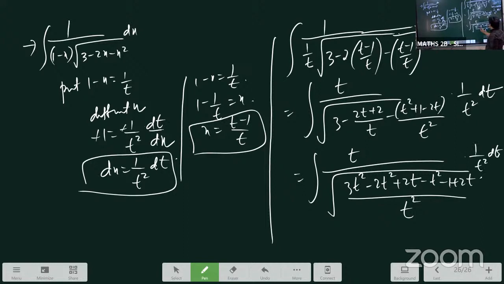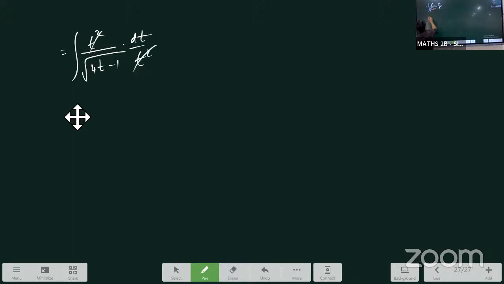Now 3t square minus 2t square minus t square, 3t square minus 3t square gets cancelled. Now what I will get again, 4t minus 1, this t square comes outside the root and it comes to numerator. Same approach again, only minus is the difference. Is it clear? So this t square by under root of 4t minus 1 dt by t square gets cancelled.